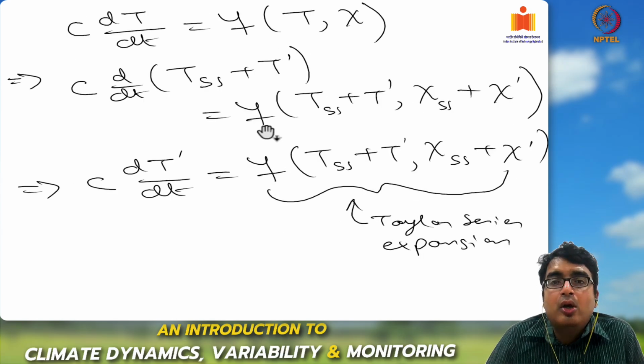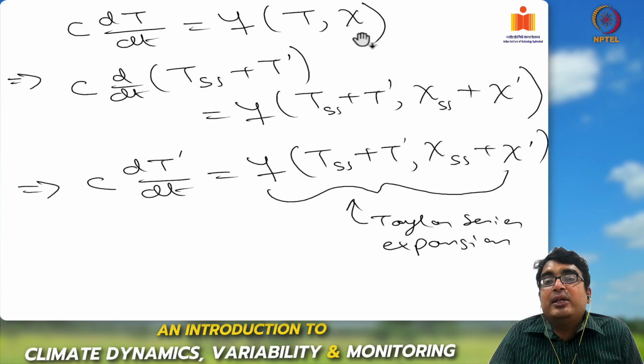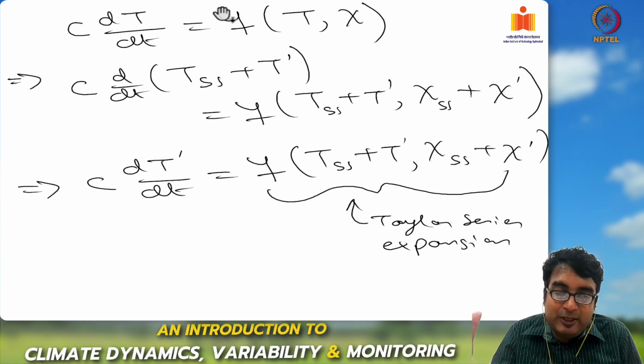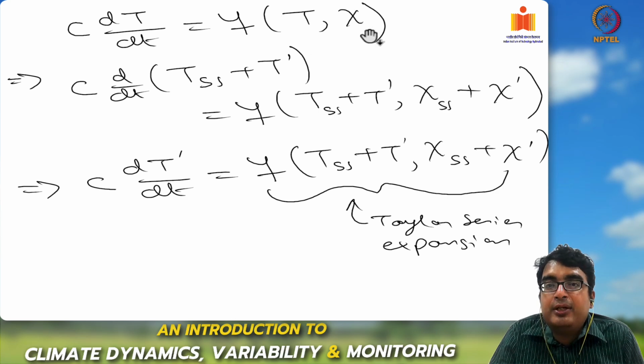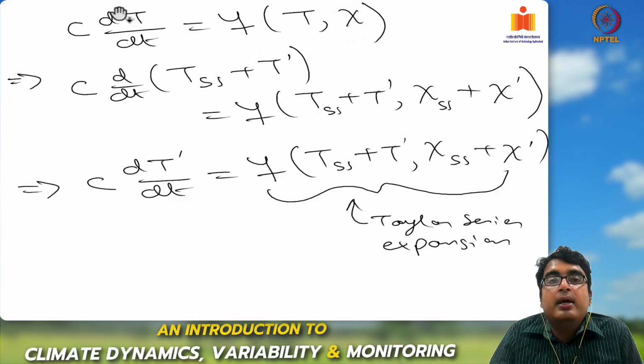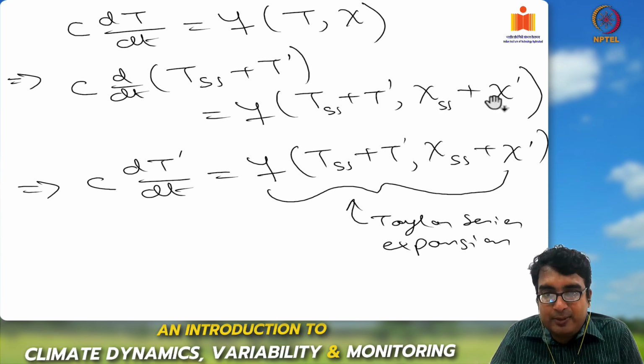So now the differential equation becomes C dT/dt equal to the difference between the incoming short wave minus outgoing long wave, which is a function of the temperature and the greenhouse gas concentration. And then the capital T we are expressing as T_SS plus the perturbation temperature T prime, and the function itself also becomes, we are expanding T and X as T_SS plus T prime, X_SS plus X prime.